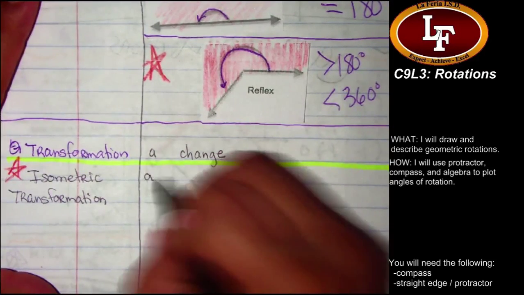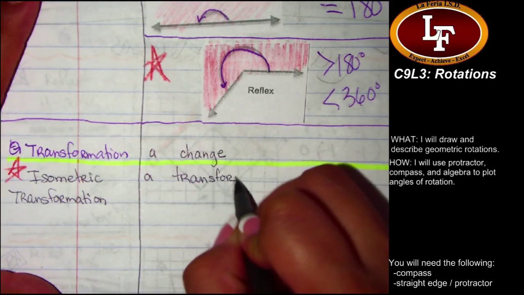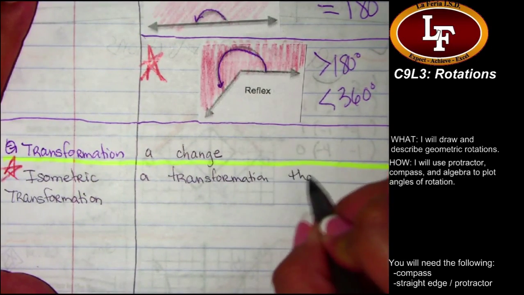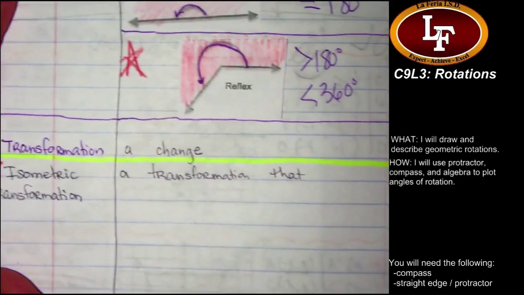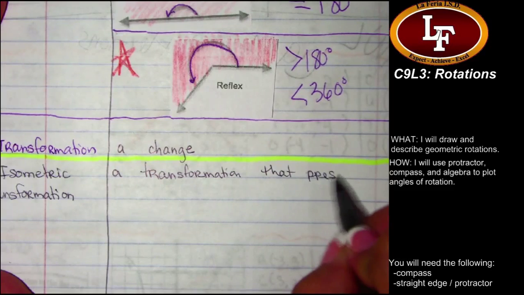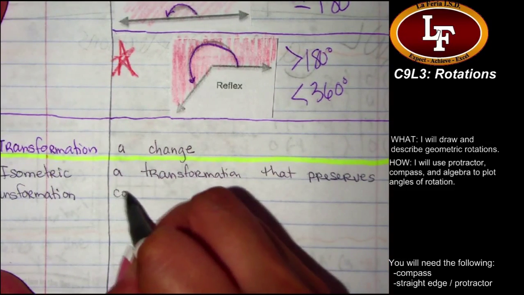So formally, we are going to say that an isometric transformation is a transformation that preserves congruence.